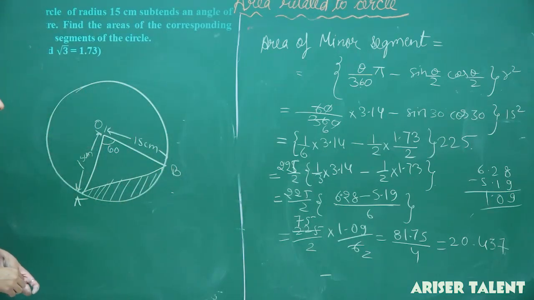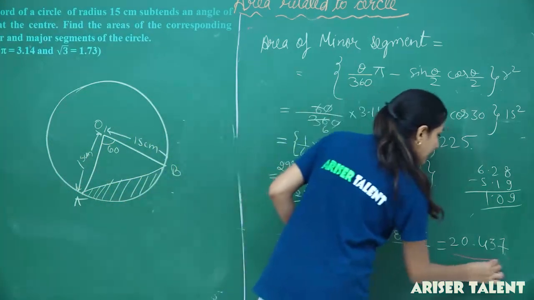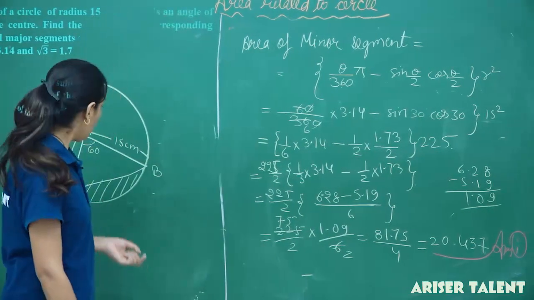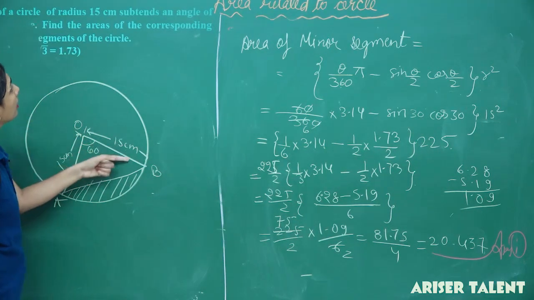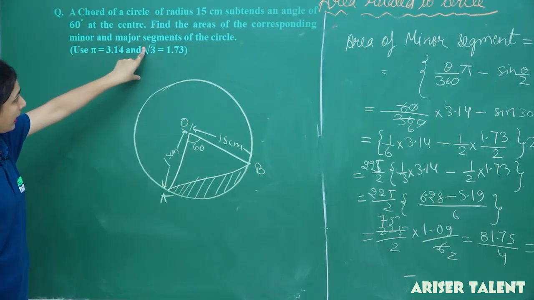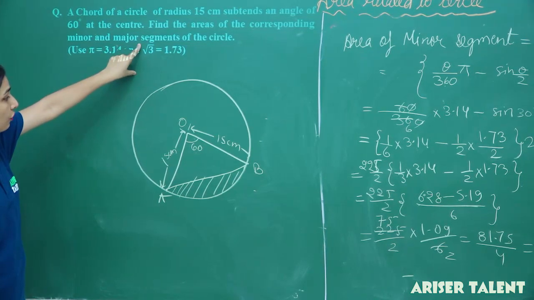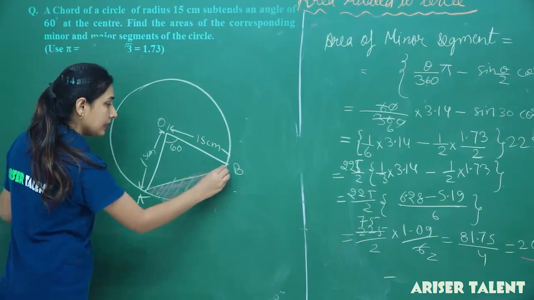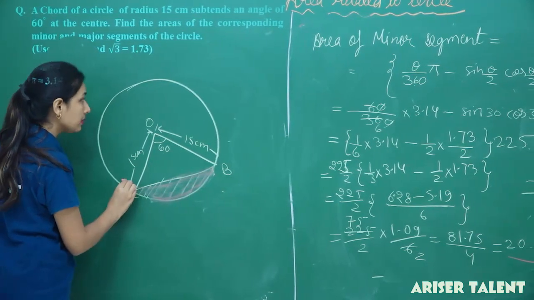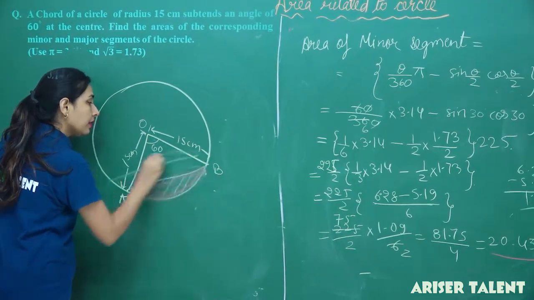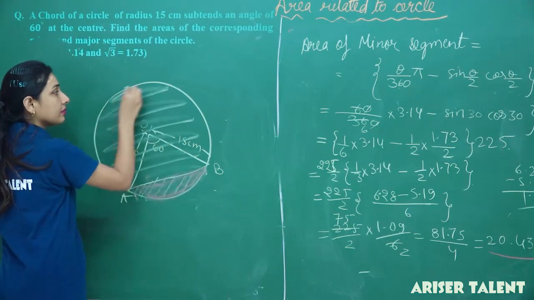Area of minor segment is this. You can write the first answer here, answer 1. Okay, now what is the area of the minor segment? And the major segment. So what will be the major segment? This particular sector is your minor segment and this complete will be your major sector.